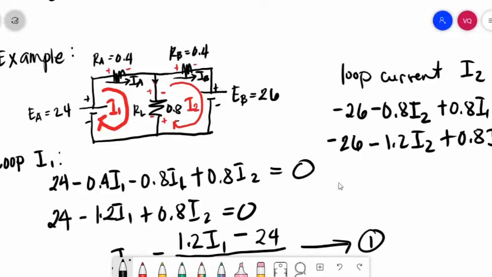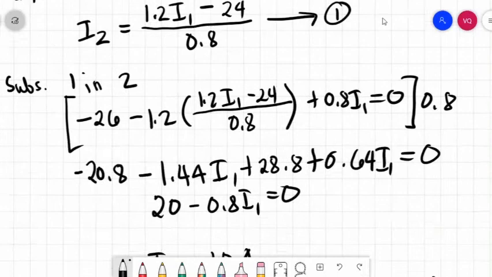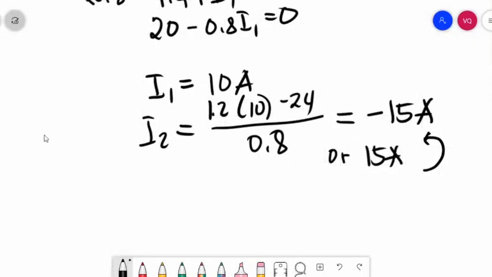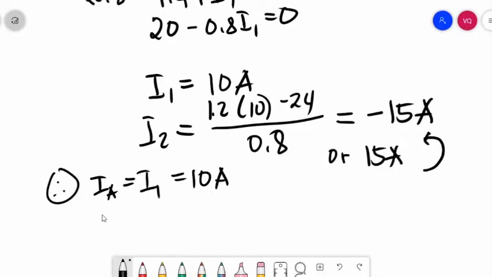Therefore, in our final answer, our IA is equal to the loop current I1 is equal to 10 amperes. Branch current IB is equal to the loop current I2, which is equal to negative 15 amperes.